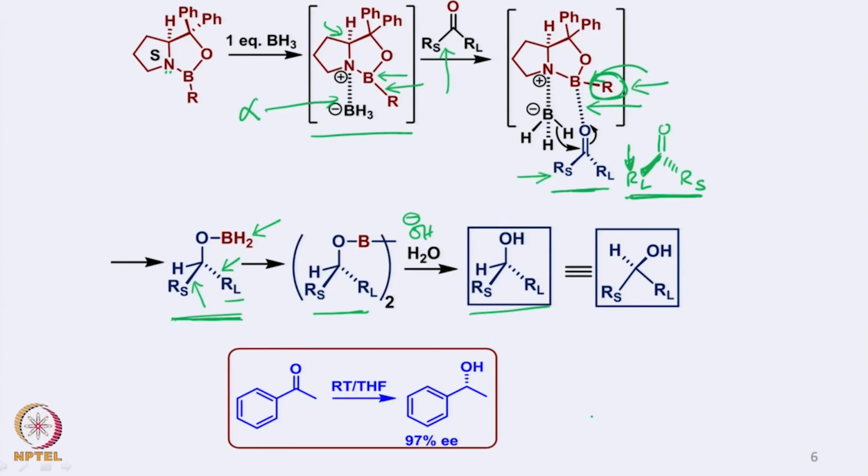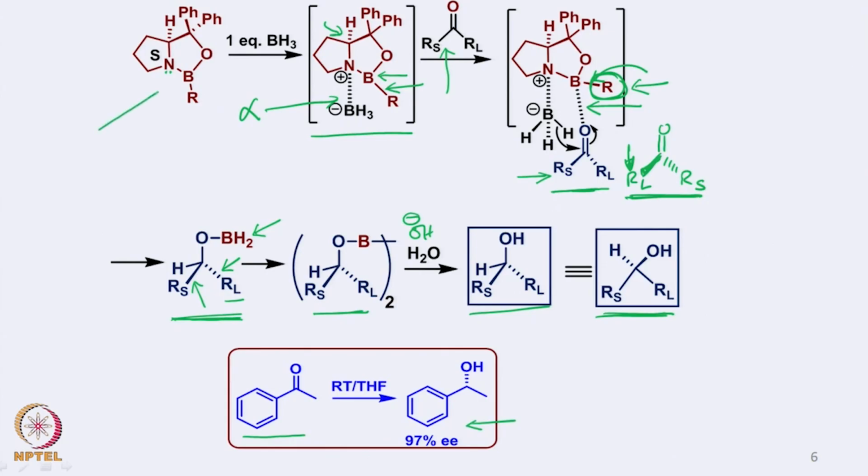This way we have converted the carbonyl group to the alcohol with the predictable geometry of the newly formed asymmetric carbon atom, and that is the configuration that is seen. Many examples have been done. Say, for example, if acetophenone is taken at room temperature in THF and we carry out this particular reduction, then we get this alcohol in 97% enantiomeric purity.